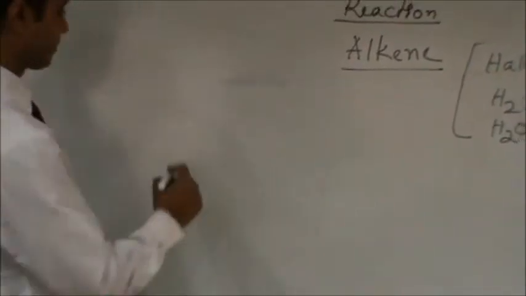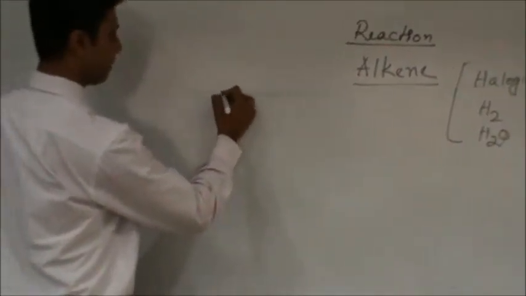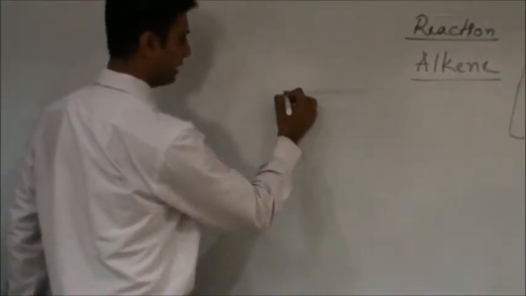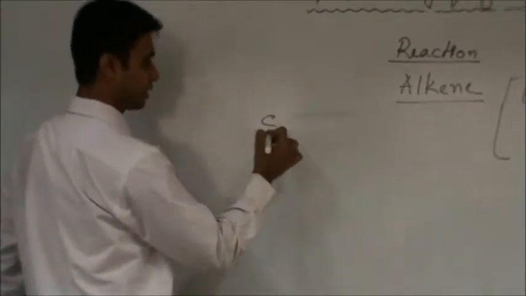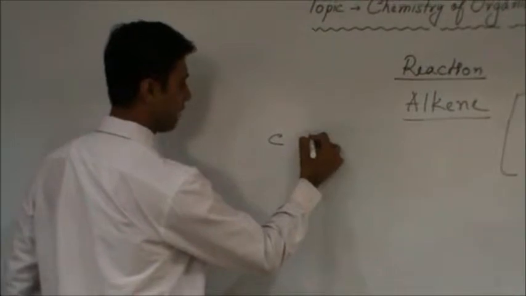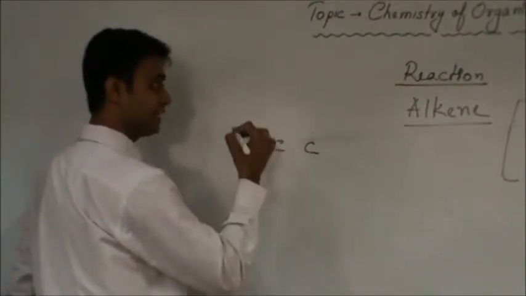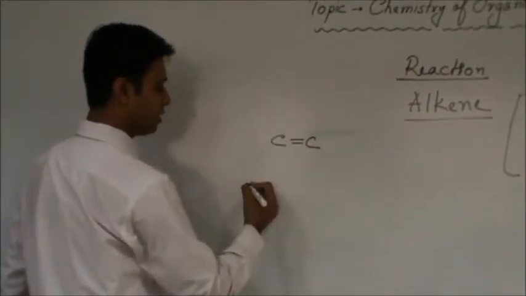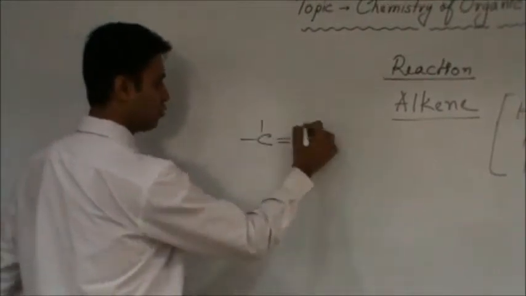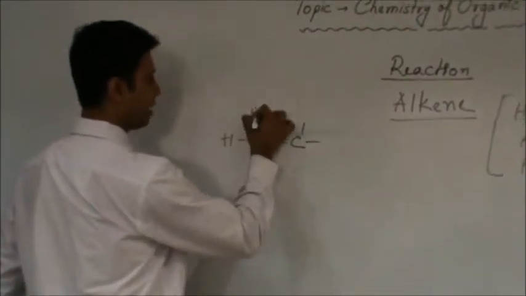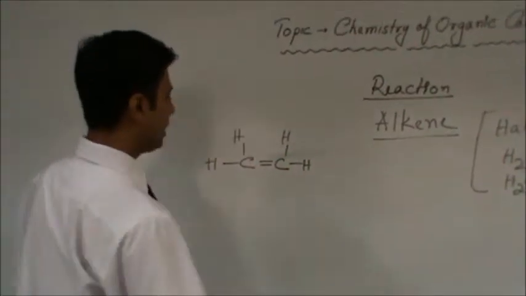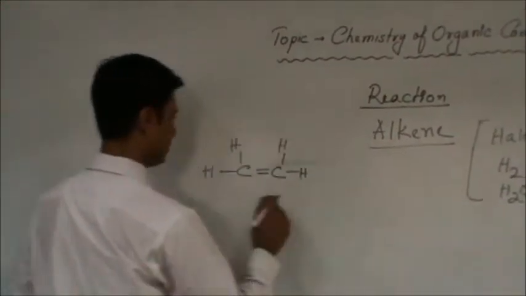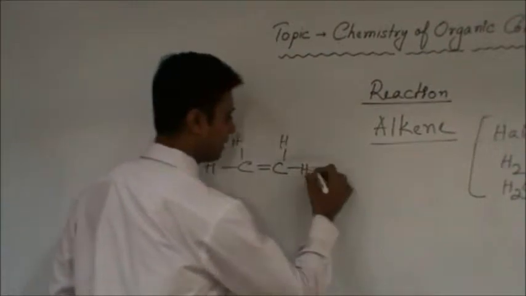Let us try to add a halogen to an alkene. Let us start with an alkene named ethene. The root name eth suggests that there should be 2 carbon atoms. Since it's an alkene, there must be a double bond and the 2 other bonds satisfied by hydrogen atoms.